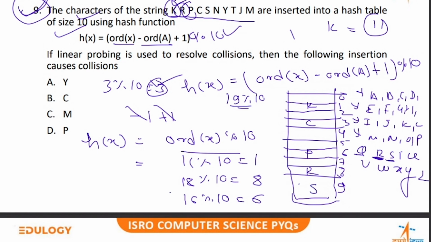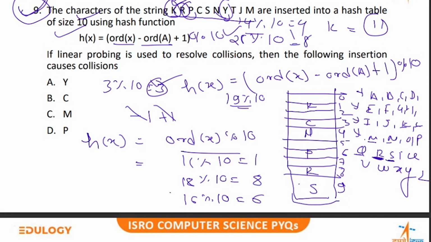K L M N: 11, 12, 13, 14. N is 14 modulo 10, which is 4. It will come at position 4. What will come at position 4? N. Now Y, X, Y, Z: 25 modulo 10 is 5.